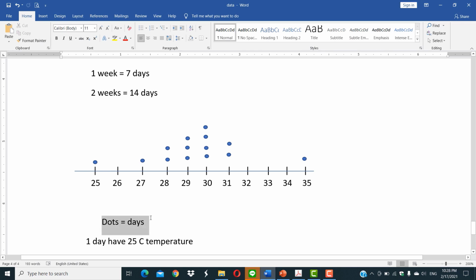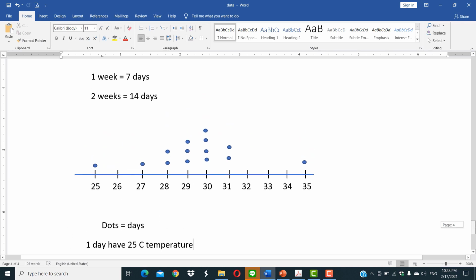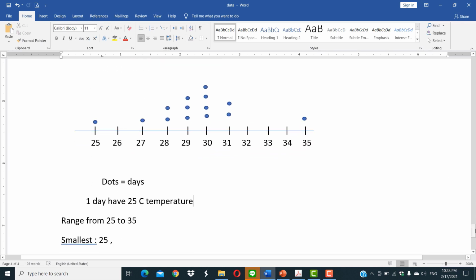These dots represent days. One dot at 25 means only one day had 25 degree centigrade temperature. 26 has none, which means no day had 26 degree temperature.